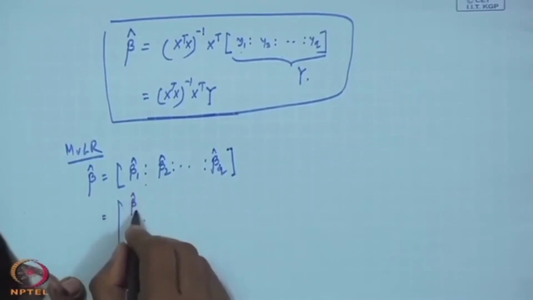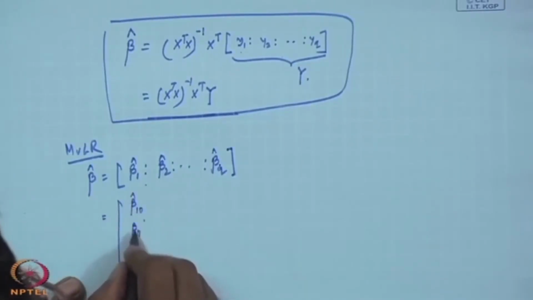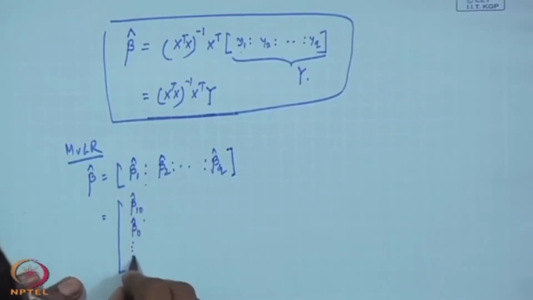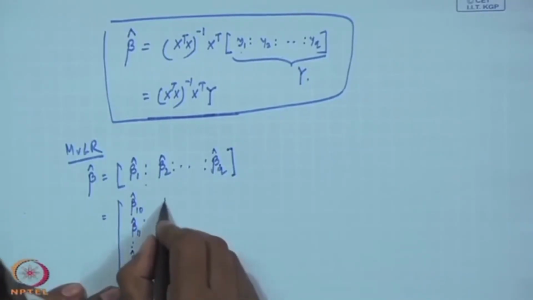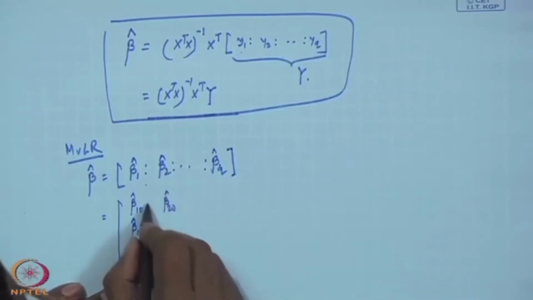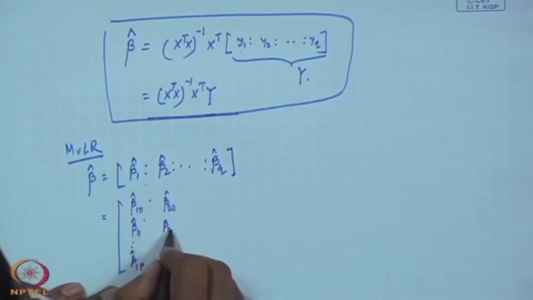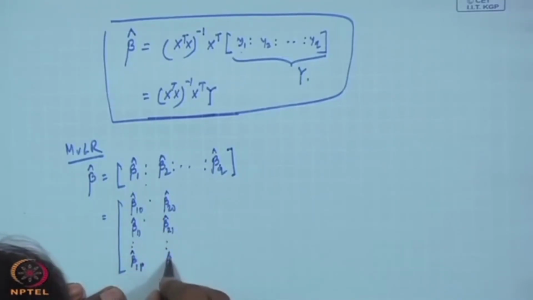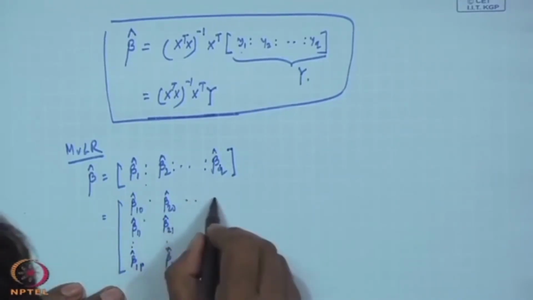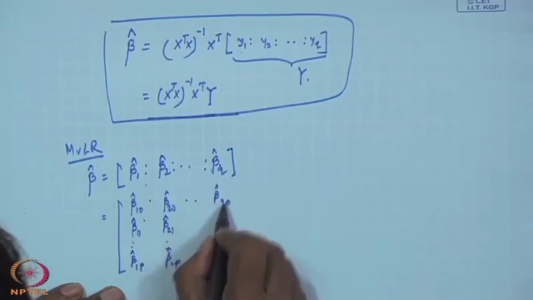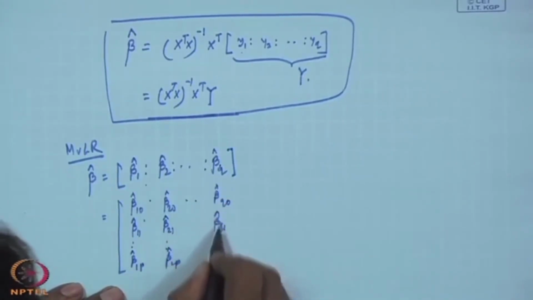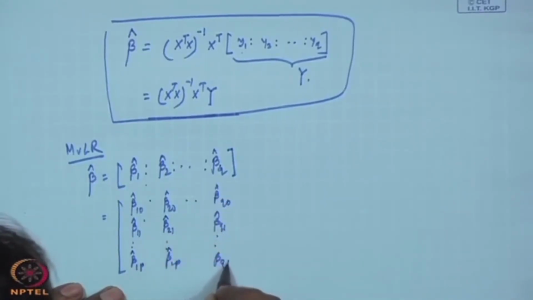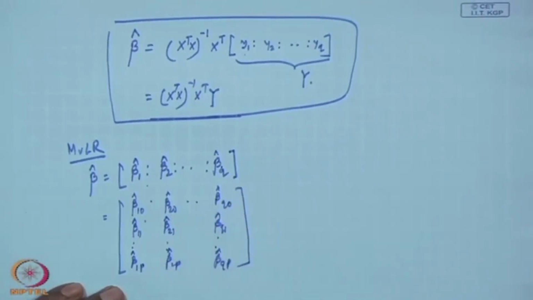Beta 1 cap means beta 10, beta 11, like this, beta 1 is affected by p. Then beta 20, and beta 2 is affected by 1, like this up to p. Similarly beta q0, beta q1, then beta q is affected by p. This is the case.